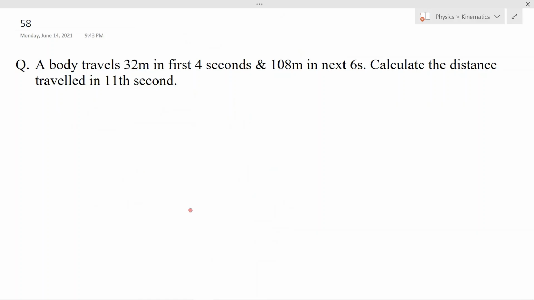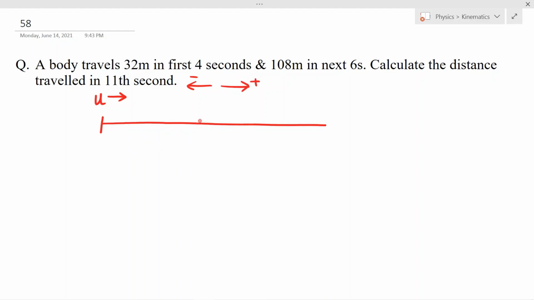A body travels 32 meter in first 4 seconds and 108 meter in next 6 seconds. Calculate the distance traveled in 11 seconds. Now let's assume that it is starting with some velocity u towards right, and let me take right as a positive direction, left as a negative direction.